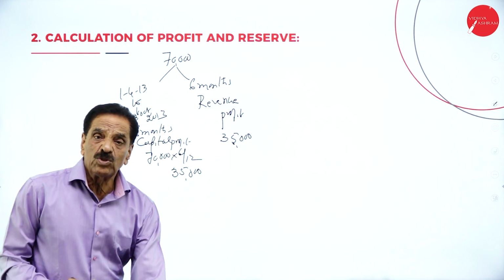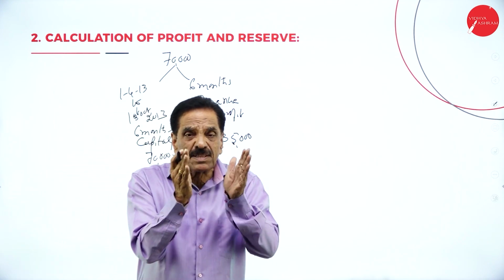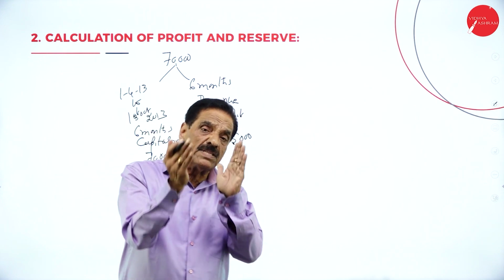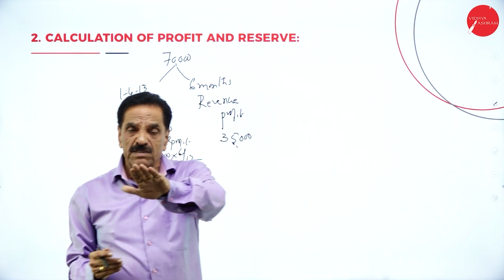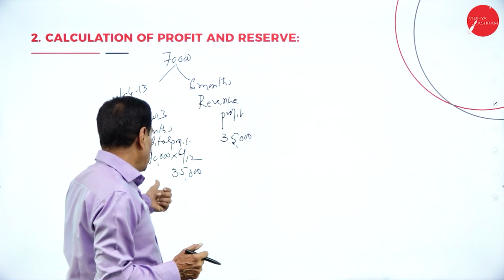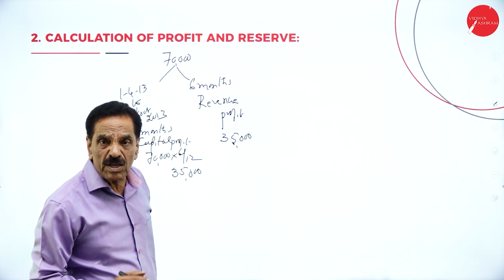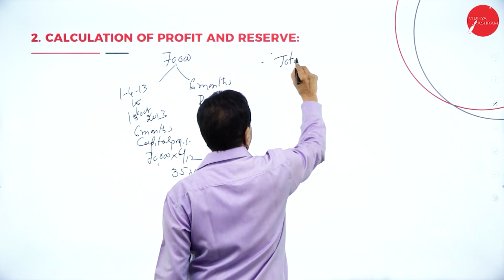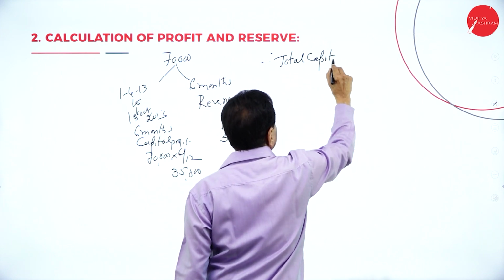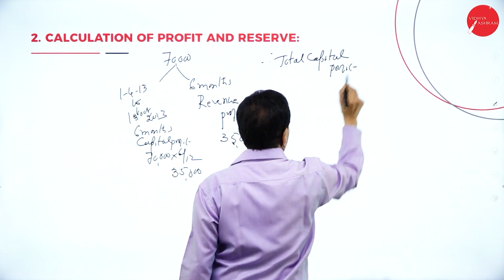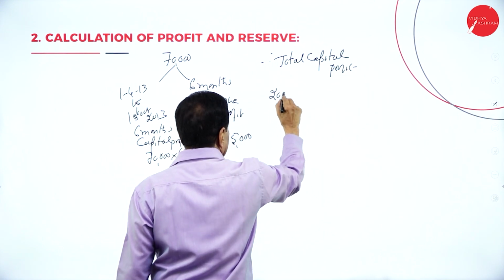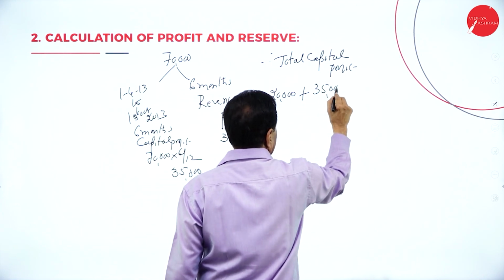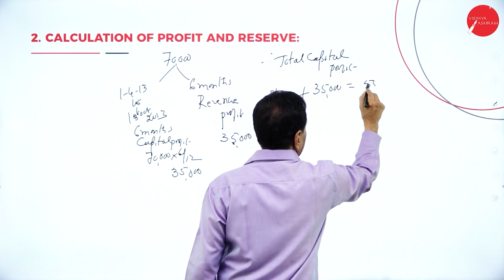I think you understand. The total profit is 90,000. At the beginning of the year, we have got 20,000. Balance is 70,000. They acquire after 6 months. Out of 70,000, 35,000 goes to capital profit. Another 35,000 goes to revenue profit. Therefore, total capital profit is 20,000 at the beginning plus 35,000, 55,000.